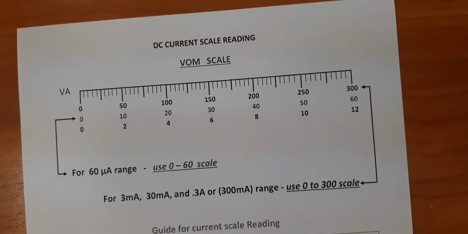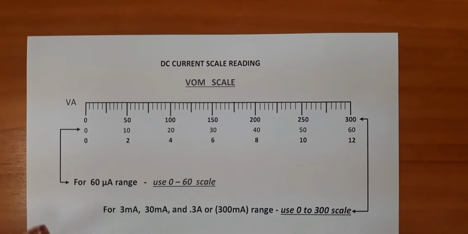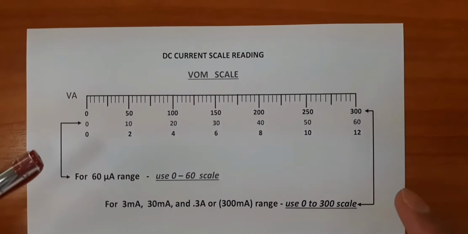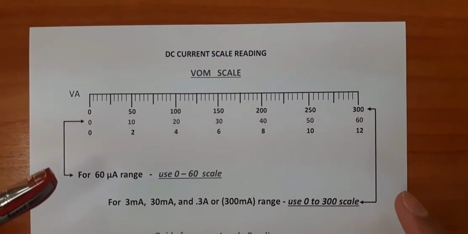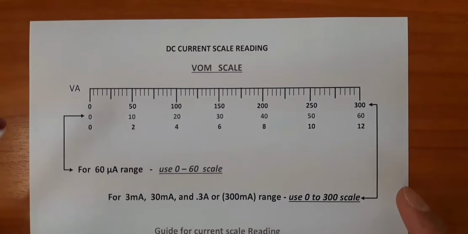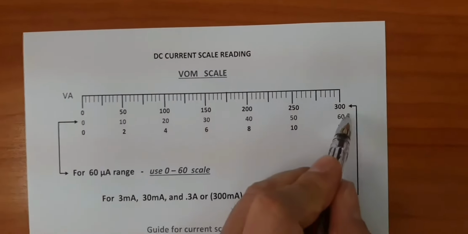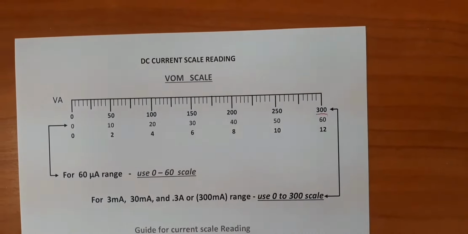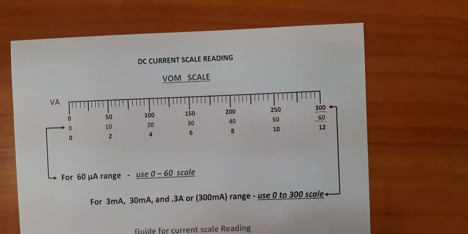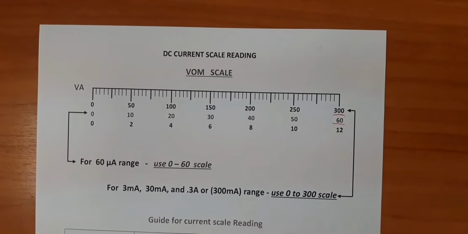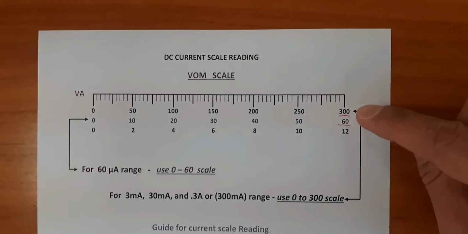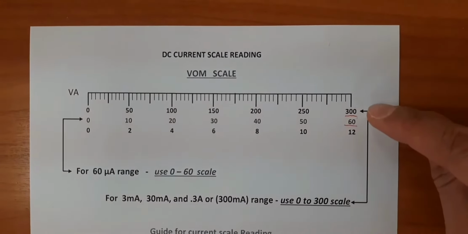Now, try to take a look at this paper, which has the DCV or DCA scale. So again, we have 300, we have 60, and this 360 scales.